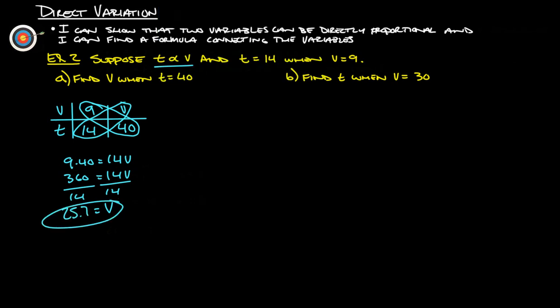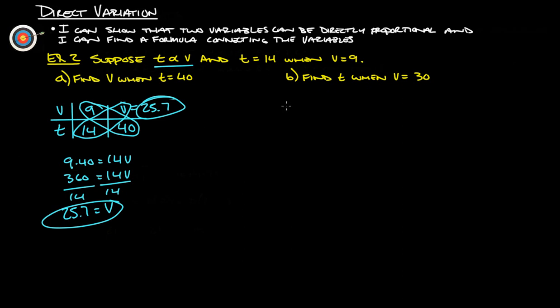So we now know if t varies directly with v, and we have 9 is to 14, and we get 40, we can figure out that v is 25.7.